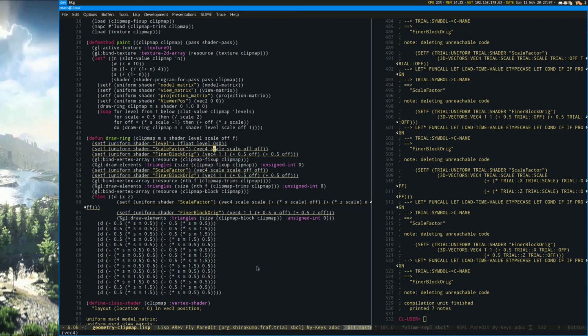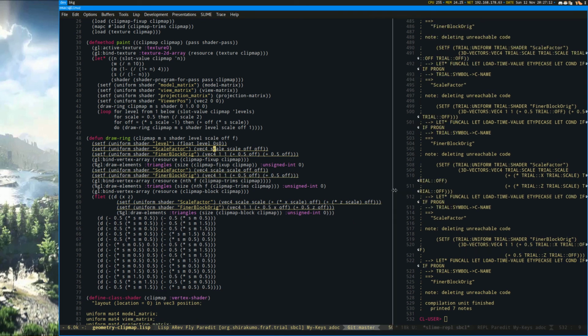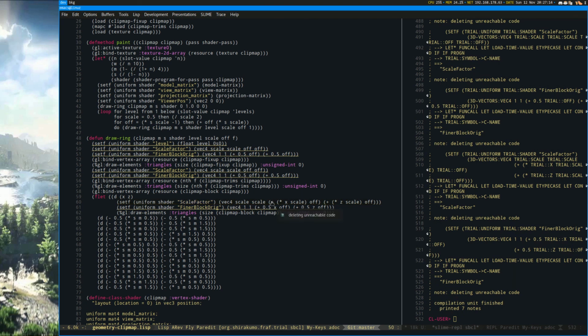Scale factor. I don't like doing all this crap here.